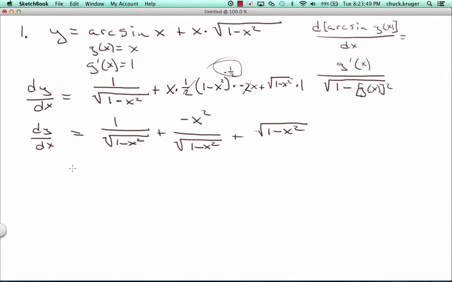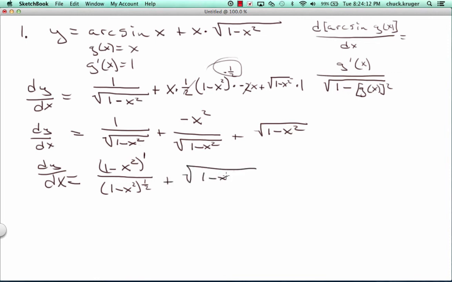Since the denominators are the same, I can combine those. 1 minus x squared, and I'm going to put parentheses around it to the first power. And down here I'm going to put parentheses around this too. 1 minus x squared to the 1/2 power plus the square root of 1 minus x squared.